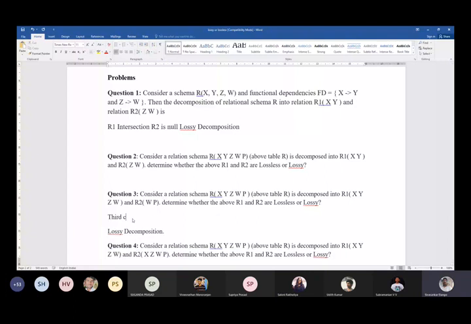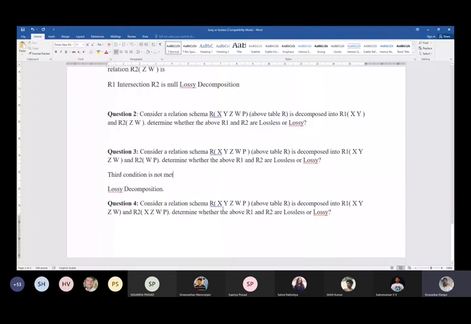And the last question: a relation R with attributes x, y, z, w, p, which is decomposed into fragments x, y, z, w, and the other fragment x, z, w, p, right? The union of the fragmented relations gives you the original relation, so condition one is met. Condition two you can also meet, right?